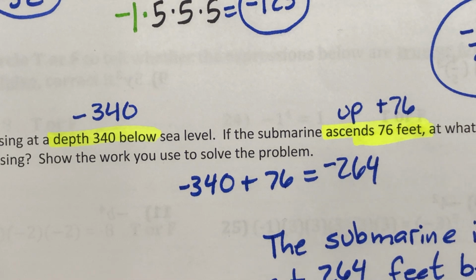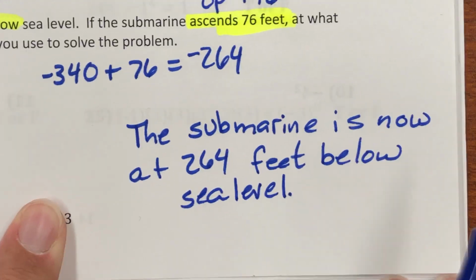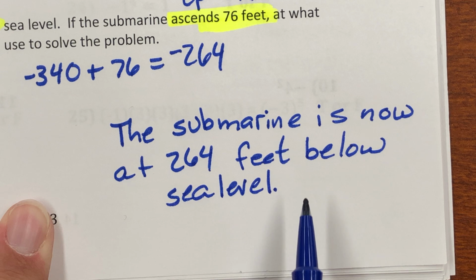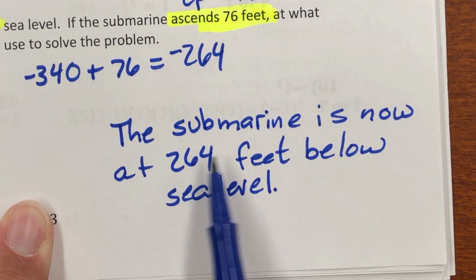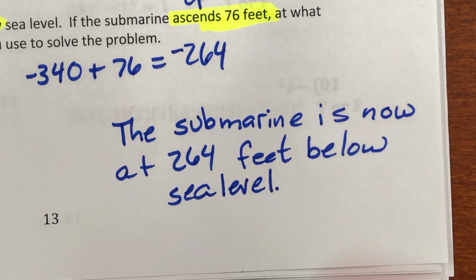And because I used feet below sea level, I don't have to write negative. If I write the submarine is now at negative 264 feet, then I still know it's underwater.